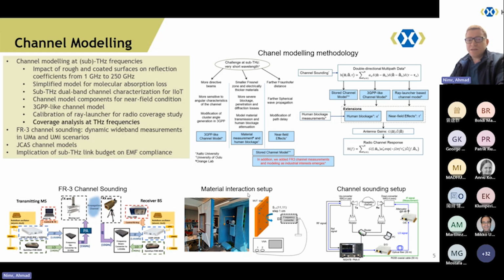We did in the project several measurements, some related to the sub-terahertz, such as material wave interaction and near-field models, and additional work considers channel sounding in FR3. There is also a study on the JCAS channel model that is detailed in one of the deliverables.